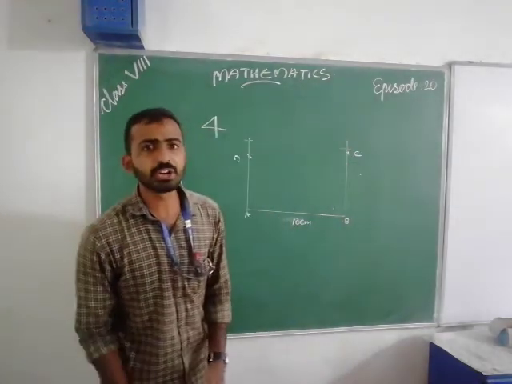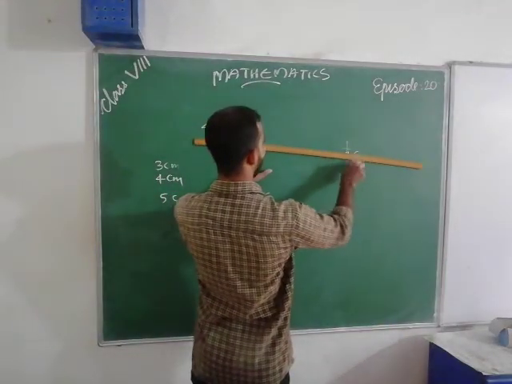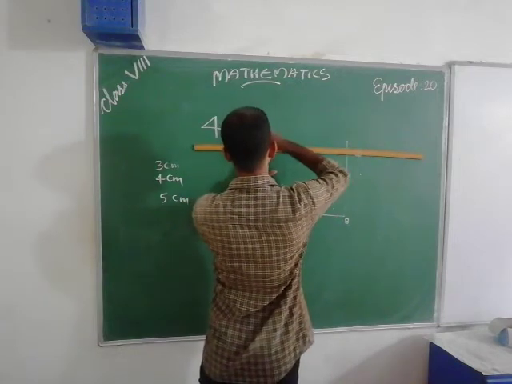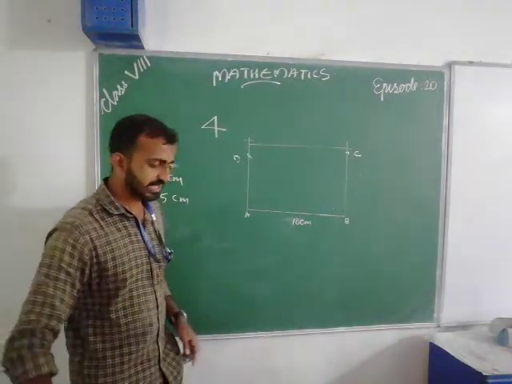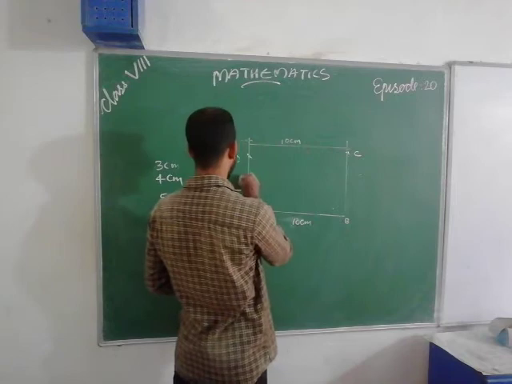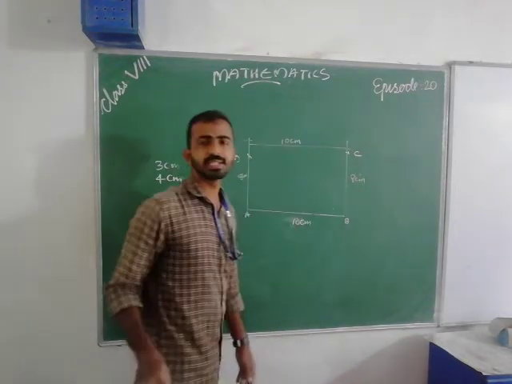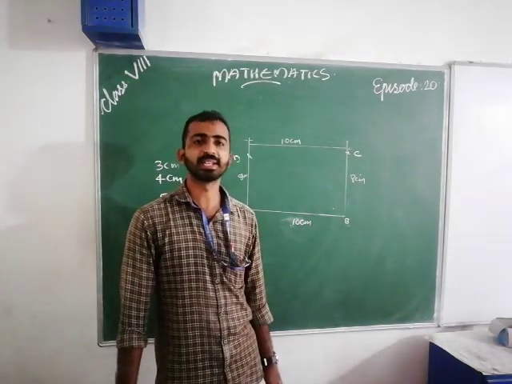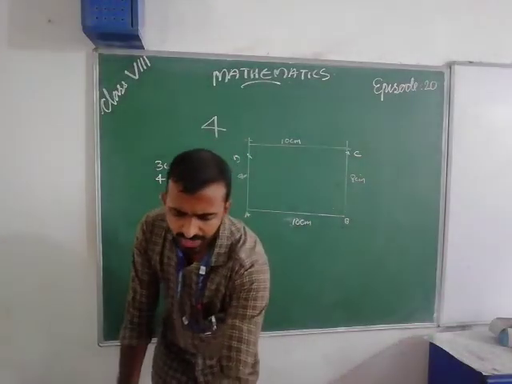And we join the arcs. Then we get a rectangle. That is 10 centimeter, here also 10 centimeter, 8 centimeter, this is 8 centimeter, this is 8 centimeter.